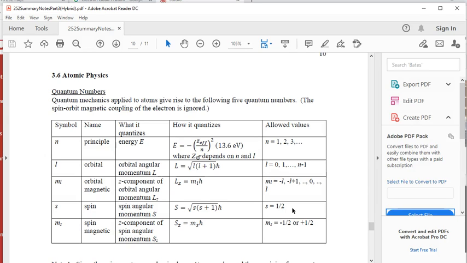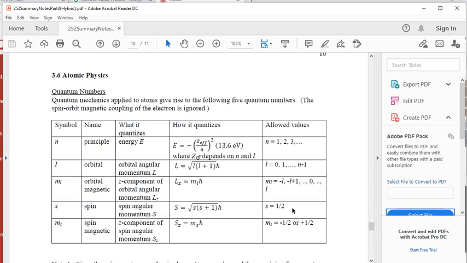edit or update this list of quantum numbers, because what happens is you get a total angular momentum, and that's usually symbolized by capital J. And it's that total angular momentum that actually ends up being quantized with a quantum number little j and a little m sub j, okay?